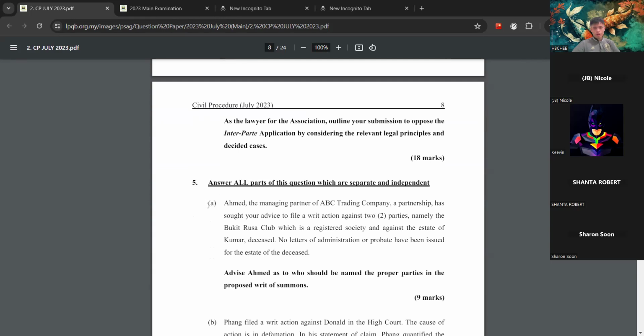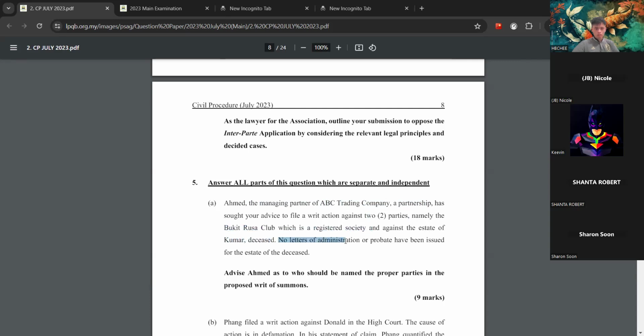Okay, 5A, parties again. So we're looking into the question. Ahmad, the managing partner of ABC Trading Company, a partnership, sought your advice to file a writ action against two parties, Bukit Rusa Club, a registered society, and the Estate of Kumar, the deceased.